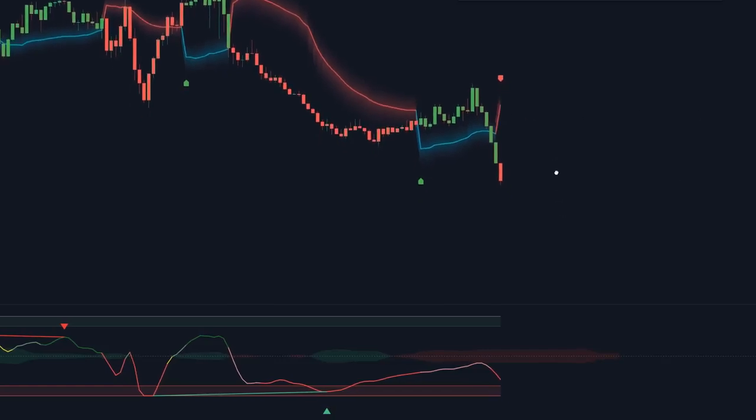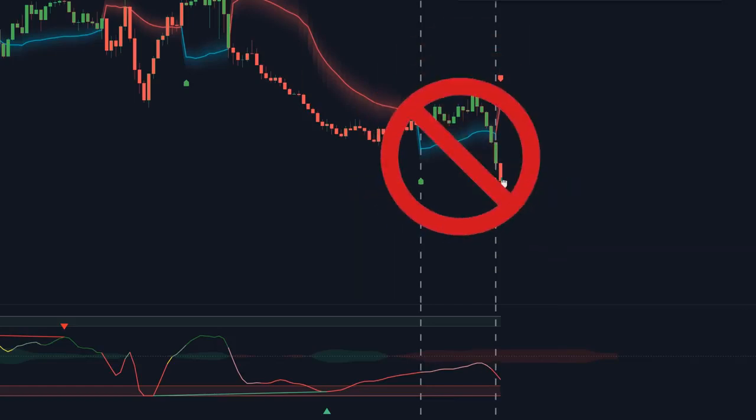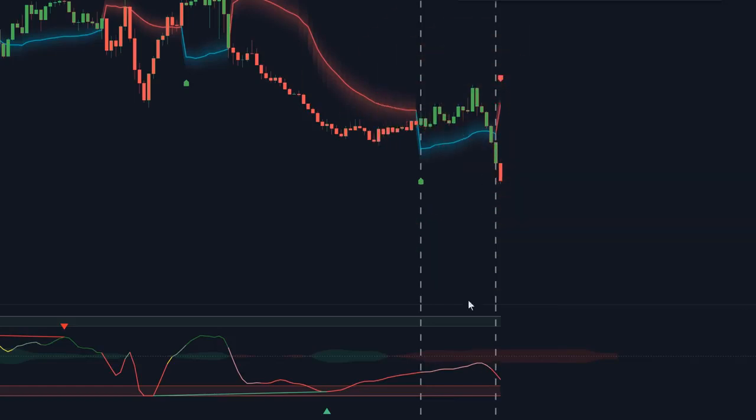Last but not least, we need to ensure that the market maintained a bearish trend during this pullback. Basically, from here to here, we need to ensure that throughout this window, the signal line of the Ichimoku oscillator was colored red. If it turned to either yellow or green during this pullback, this trade setup becomes invalid. For this particular example, we can see that it never turned to green or yellow.